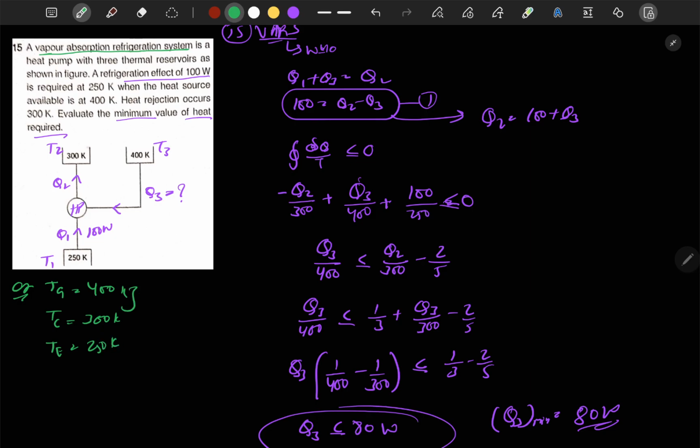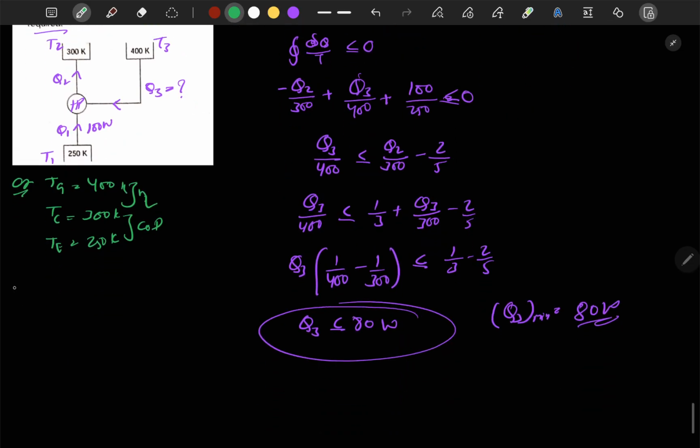Attach an engine here, calculate efficiency, calculate COP. So COP is equal to 100 upon 400 into TE 250 upon the difference 50, which gives 5 by 4. So this is 1.25.